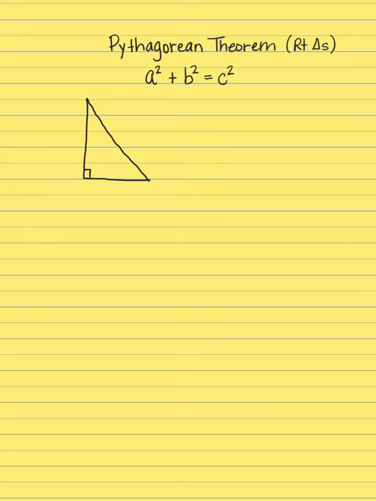The two sides that form the right angle, the L, those are your A and your B. Those are called the legs of the triangle. And it does not matter which one is A and which one is B. That doesn't matter if you mix those up. It'll still be correct. Most people generally have the A be the smallest number and the B the next largest number, but it doesn't have to be. The A and the B can be interchangeable.